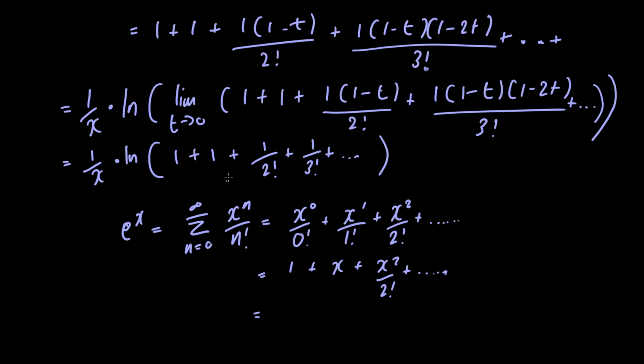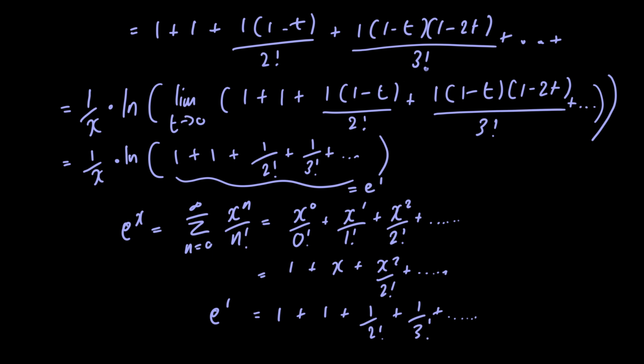Now notice that we have a 1 here and we have a 1 here. So if we were to just write e to the first power, we would have 1 plus 1 plus 1 over 2 factorial plus 1 over 3 factorial. So what that tells us is that this is equal to e raised to the first power. And we've just figured that out by using the definition here.